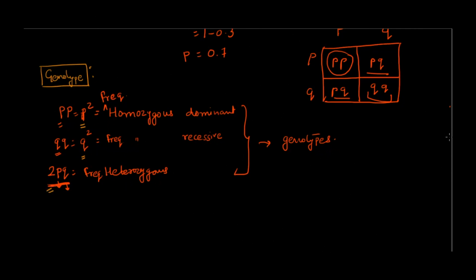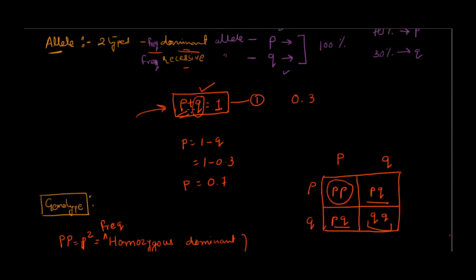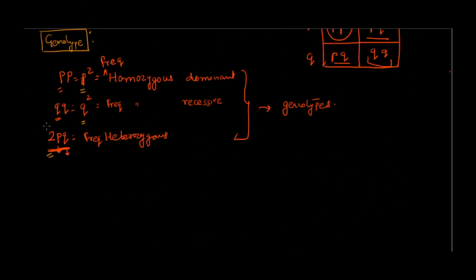Now, as I said before, a population has only P and Q, so the sum of it should be 1. Similarly, the sum of all these genotypes also should be 1. So that means P square plus 2PQ plus Q square. All of these genotypes should equal 1.